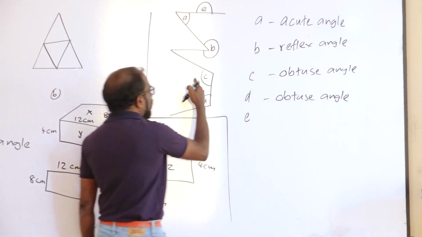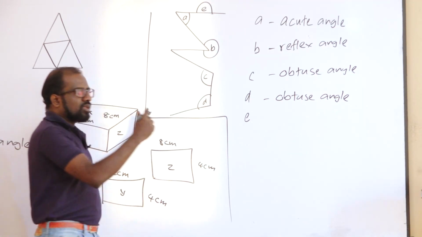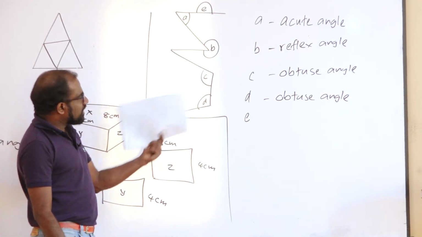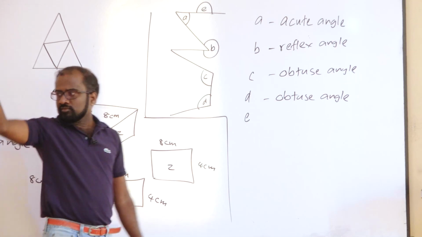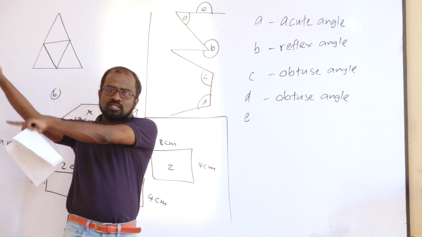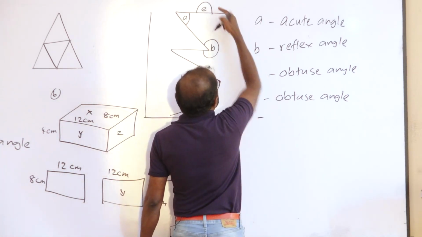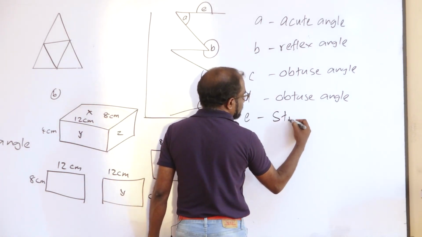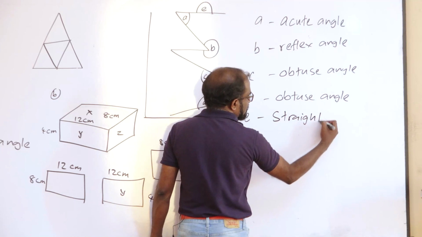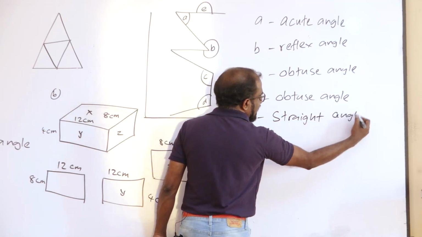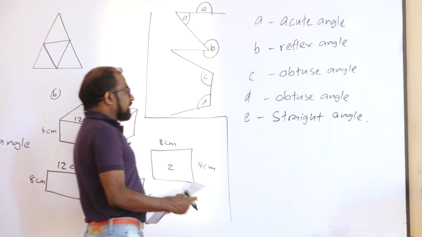What is an obtuse angle? Greater than a right angle, less than a straight angle. Then E is a straight angle, located on a straight line. That is a straight angle. Right.